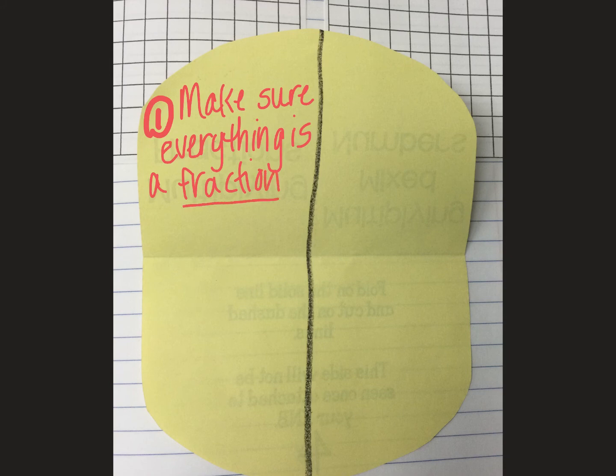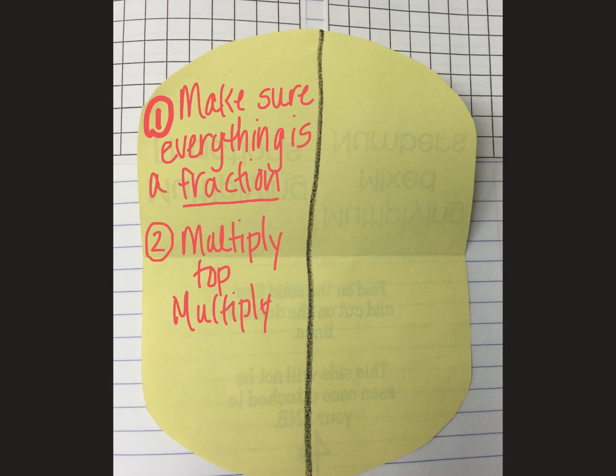Either proper or improper. That means if you have a mixed number, you have to change it into a fraction. Step 2 is multiply the top numbers. And then multiply the bottom.